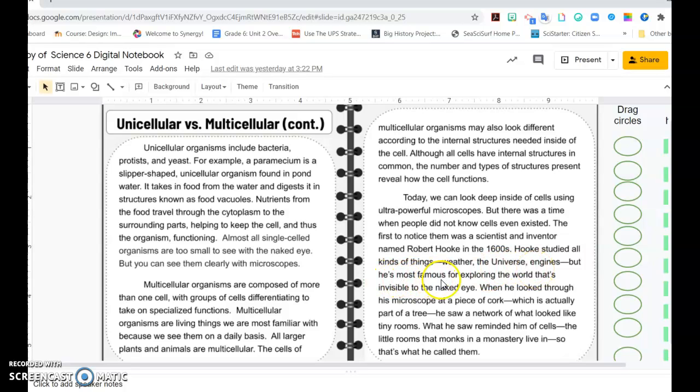But he's most famous for exploring the world that's invisible to the naked eye. When he looked through his microscope at a piece of cork, which is actually part of a tree, he saw a network of what looked like tiny rooms. What he saw reminded him of cells, the little rooms that monks in a monastery lived in. So that's what he called them.